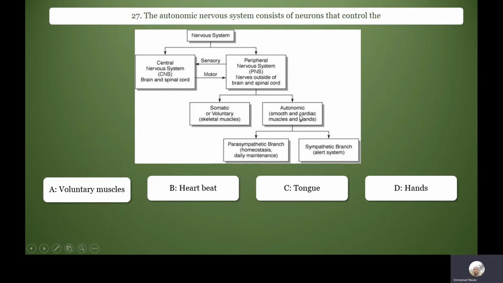The autonomic nervous system controls smooth muscles, cardiac muscles, muscles of your respiratory system, and muscles of your digestive system. They are involuntary muscles. So the correct option here is B.